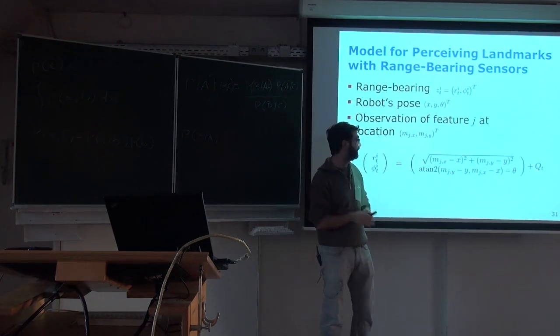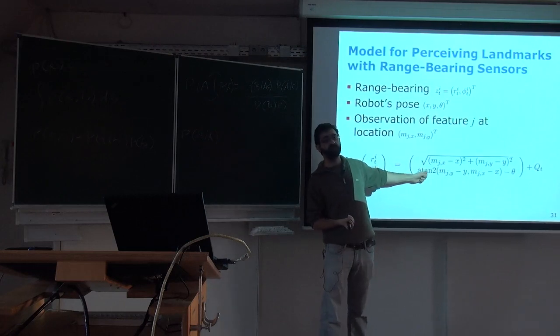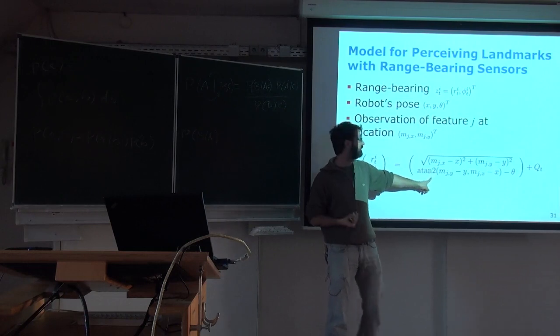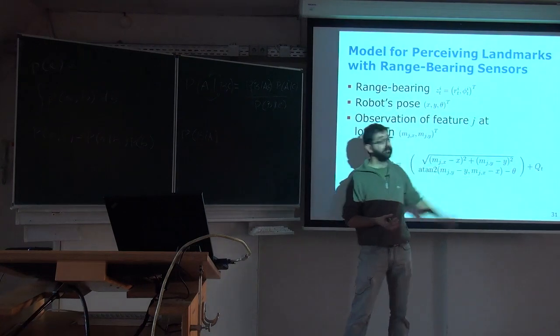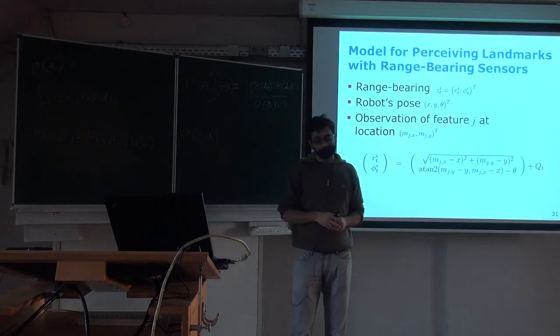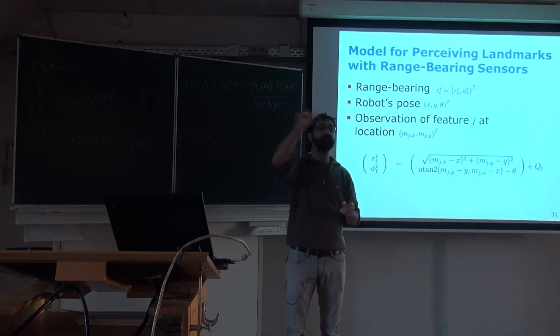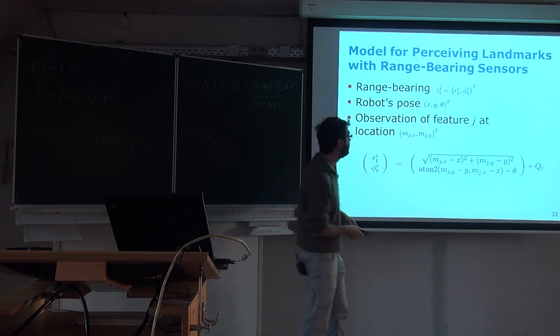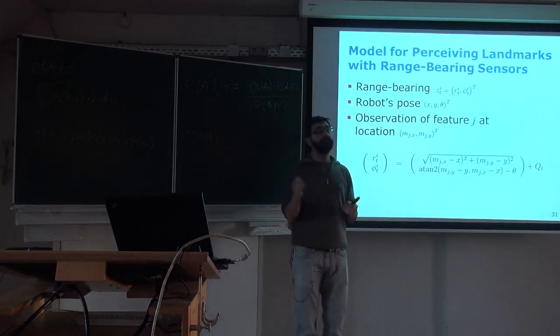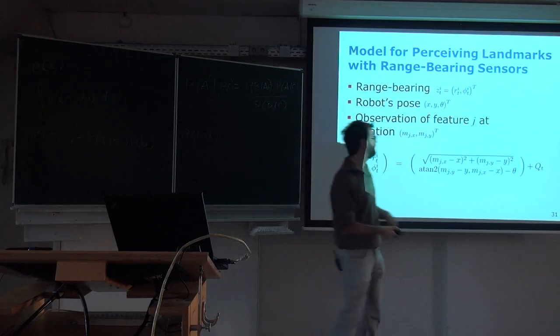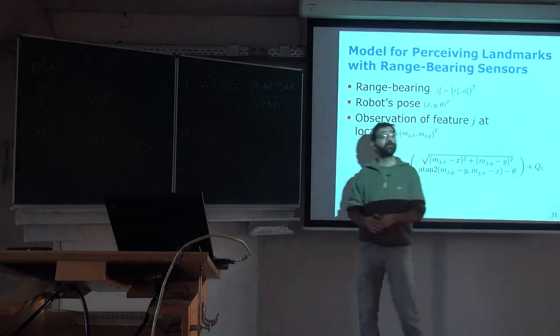So we just take the inverse of the tangent, the arctangent, and there is a function called arctangent 2 that takes the difference in y and the difference in x and tells you in which of the 4 quadrants this angle lies. We take this, which is the relative angle with respect to the landmark, and then we subtract the absolute angle of the robot.